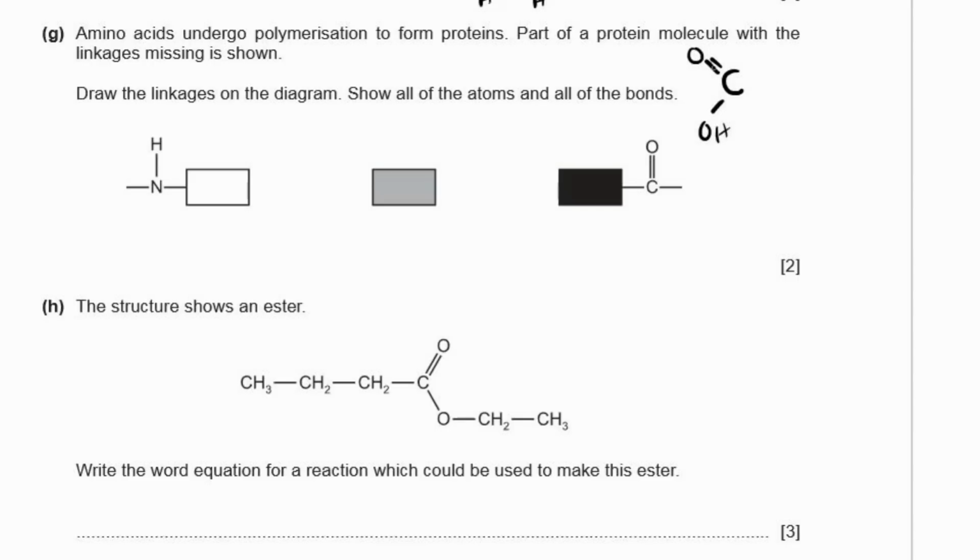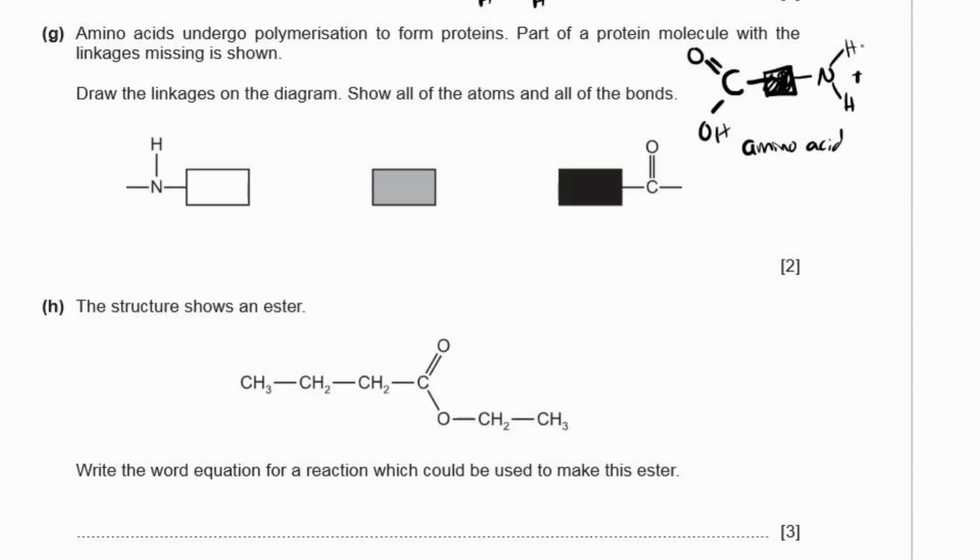We have C, double bond O, OH. That's the carboxylic acid side. We have our middle bit that can change, and we have NH, H. So this is one amino acid. This is the amine side, the N side, and the COOH is the acid side.